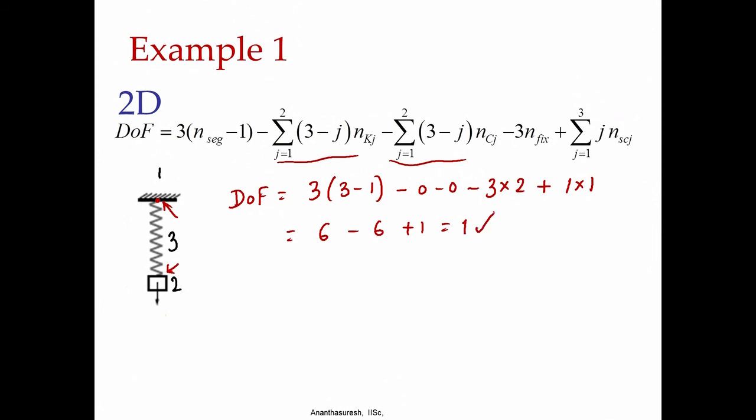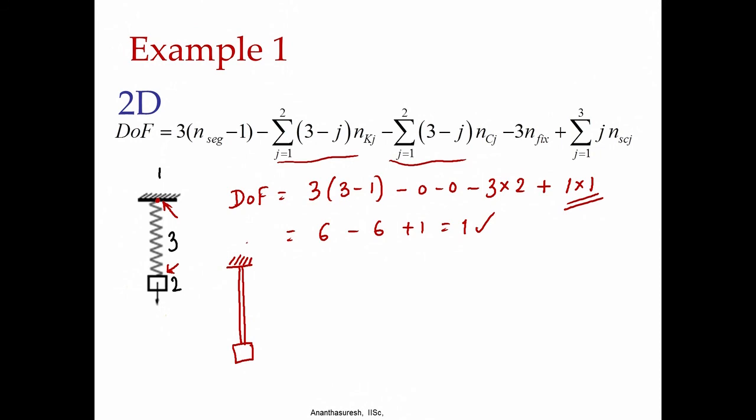I am happy because this has 1 degree of freedom, right. But if I want to take the segment compliance of this as more than 1, here I took 1 and that is why I have 1 degree of freedom. Instead, let us say I have a bar. I do not have a spring now, but I have a bar.